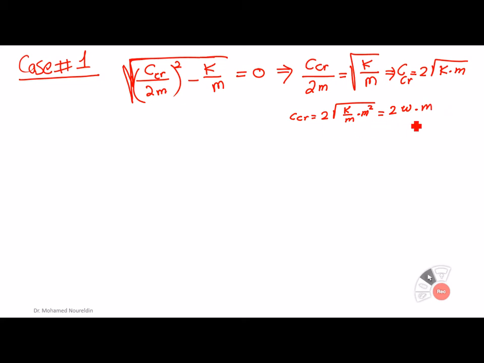So c critical is going to be 2 omega m. And this is what we have explained about omega last time. So our c_cr, the critical damping coefficient, is going to equal 2 omega m, and this is going to equal 2 times k over omega, because we know that k equals omega squared m, right? So in this case, 2 omega m equals 2k over omega.